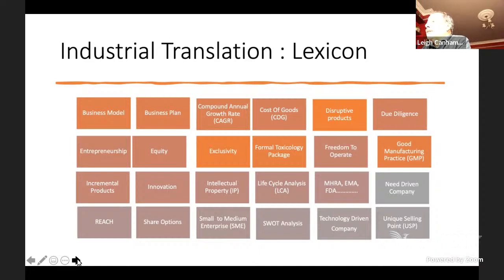And this is a very expensive process, which involves, again, a lot of testing and a lot of paperwork. Okay, let's move on. So that was just a brief introduction to some of the words, the language regarding industrial work.